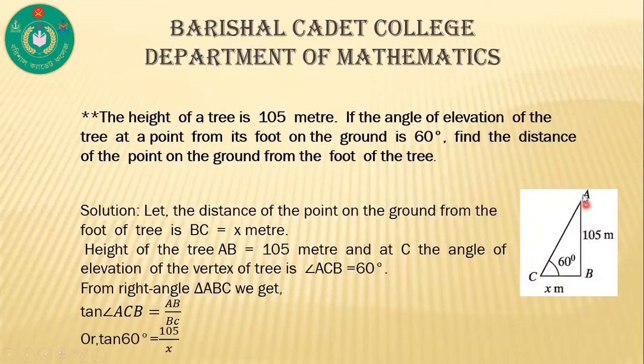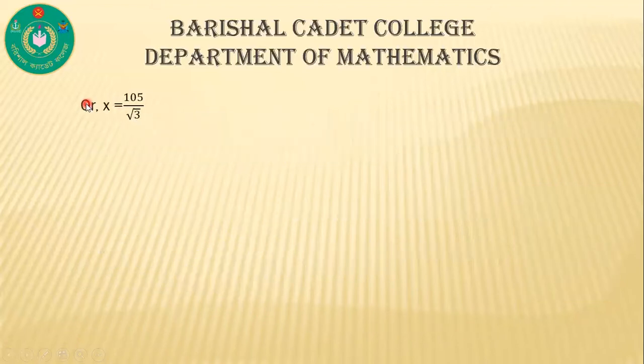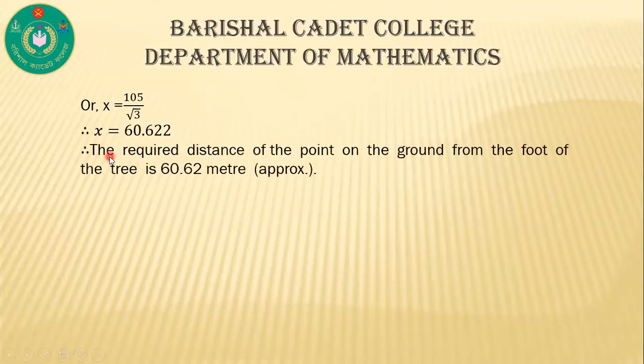Now putting the values, angle ACB is 60 degrees, AB is 105 and BC is x. Now we know x is equal to 105 by root 3, because tan 60 degrees is equal to root 3. Therefore, x is equal to 60.622. Therefore, the required distance of the point on the ground from the foot of the tree is approximately 60.62 meters.